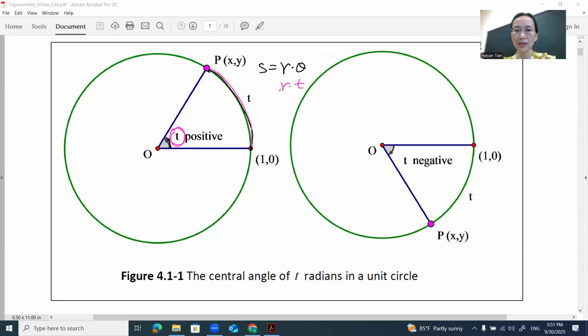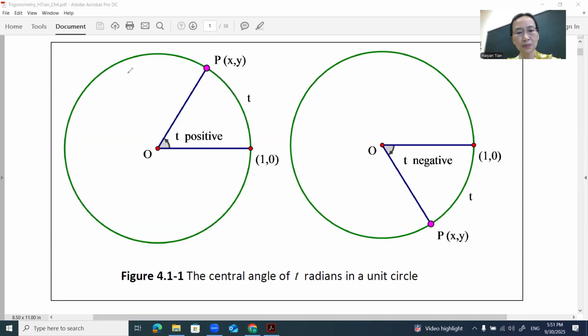But when the radius is 1, the arc length will have the same numerical value as the measure of the angle.